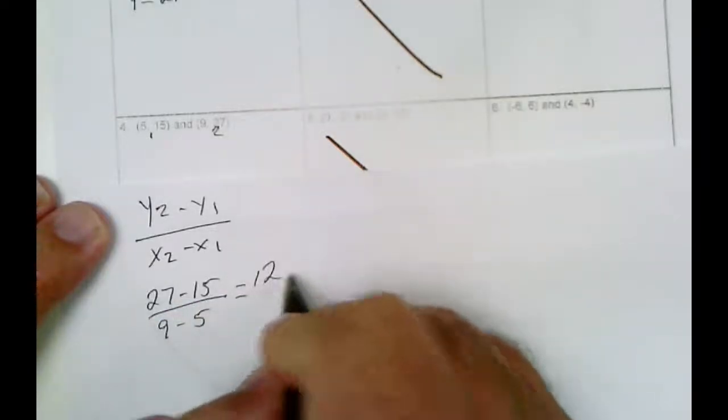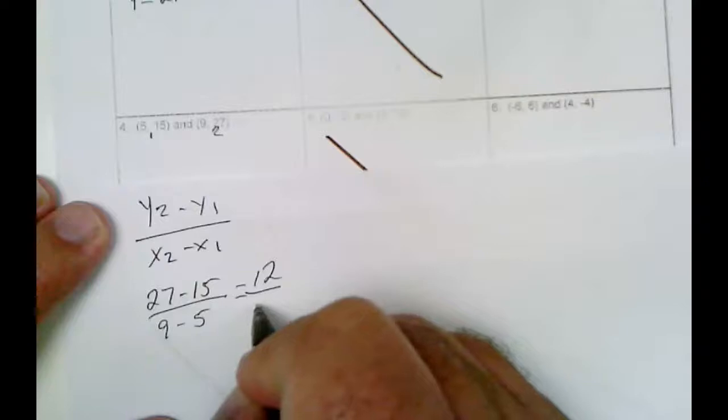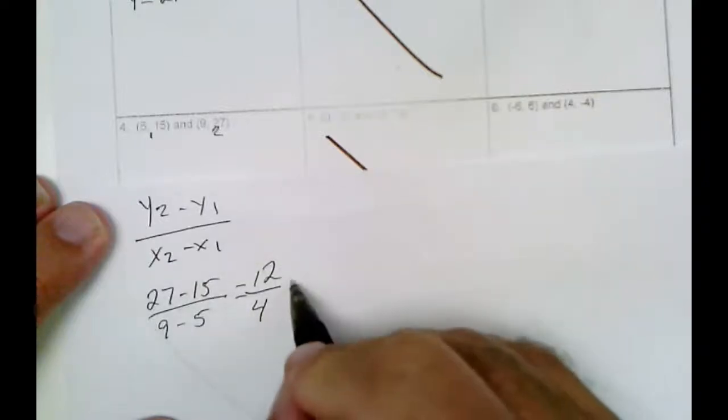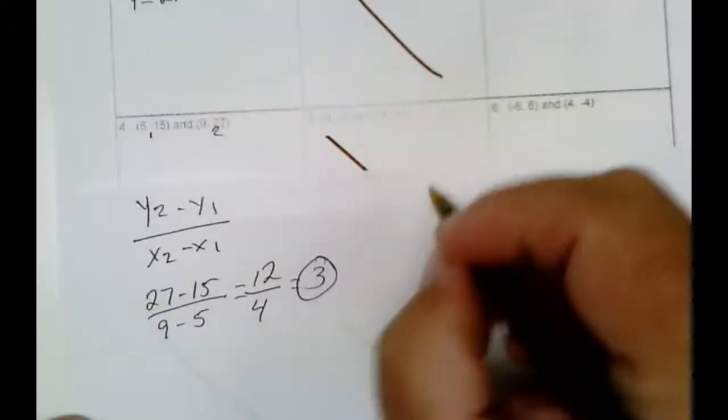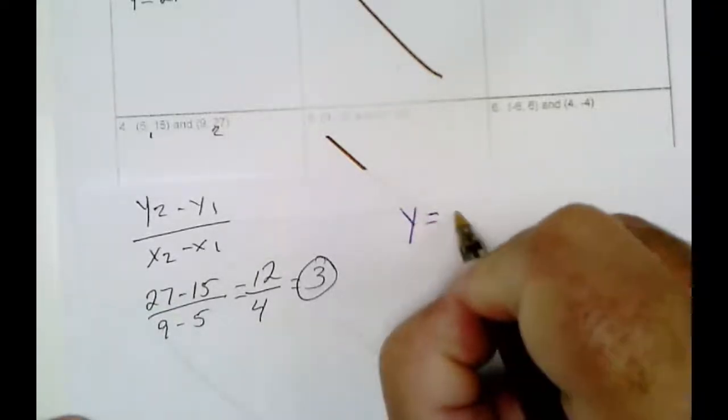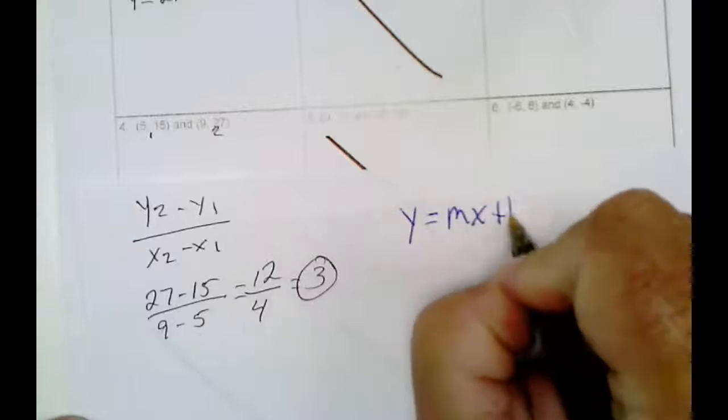So this is 12, and this is 4. So 12 over 4, that's the same as 3. So there's my slope.